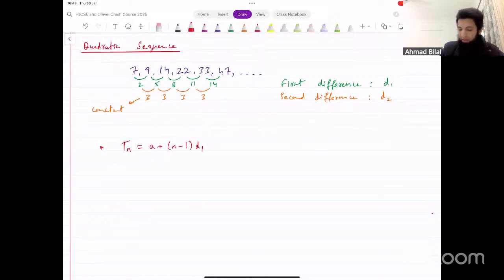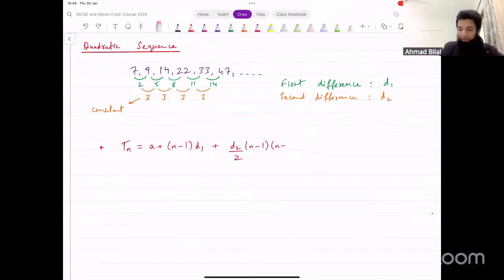For a quadratic sequence, we add another term to the sequence. And that other term looks like this. We say it's d2 times n minus 1 times n minus 2 divided by 2. We add another term here that looks like this.